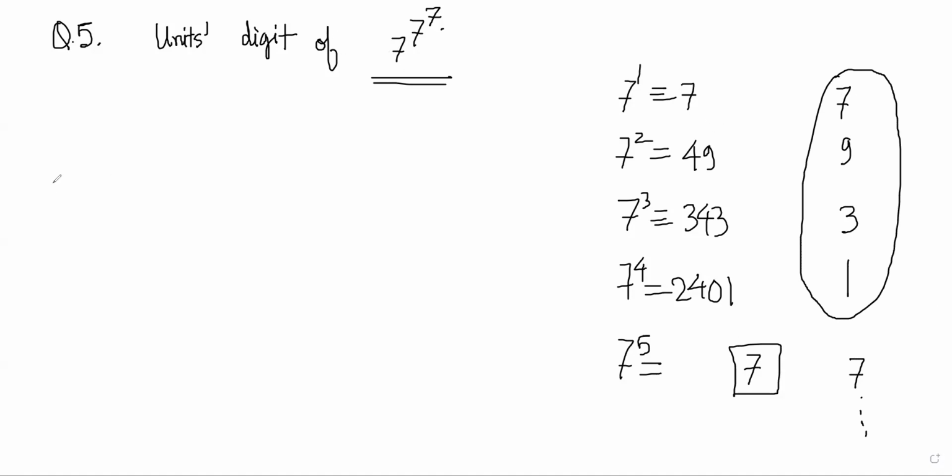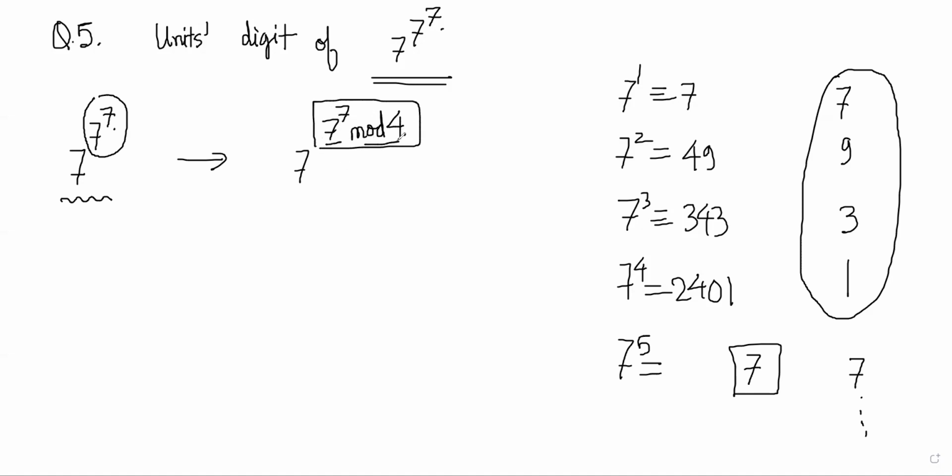So now since you have to raise 7 to a very high power here, it would be good if you knew how many groups of 4 come in the exponent here, right? So what you need to do is find out what is 7 power 7 mod 4, right?